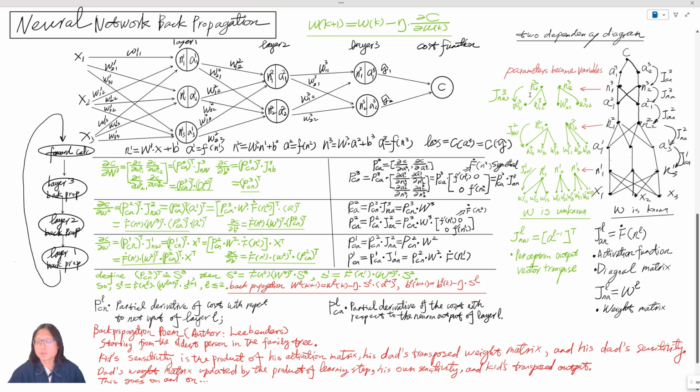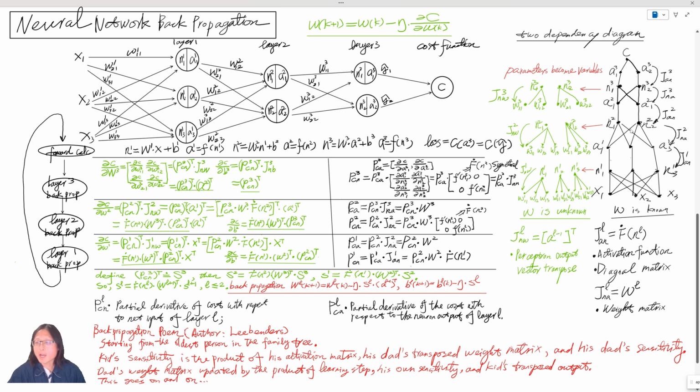Once you switch that idea, using the Jacobian matrix I introduced in the last video, you can simply multiply the partial derivative of the cost with respect to the net input with the Jacobian matrix between the net input and the weight matrix. You can get the gradient of the weight matrix, and then you can use it to update your weight matrix.